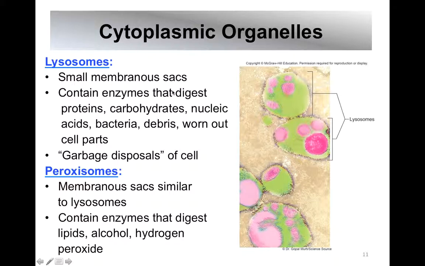Lysosomes. Lysosomes are vesicles, basically, and they have digestive enzymes in them. And the lysosomes' digestive enzymes can be used to break down bacteria that's brought into like a white blood cell, any worn out organelles, anything in the cell that is no longer needed, or cellular waste.